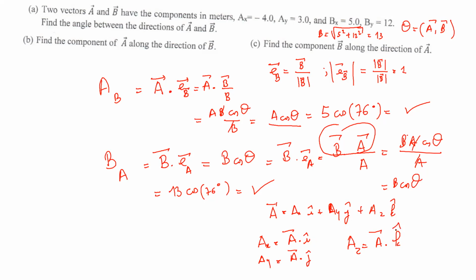So a component of a vector along another vector is just the dot product between the vector itself, A, and the unit vector along that direction. A unit vector along any direction is just the vector itself, X, divided by its magnitude. Okay, good.